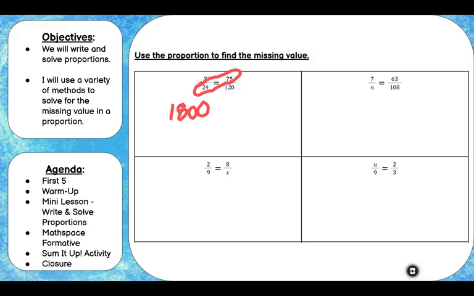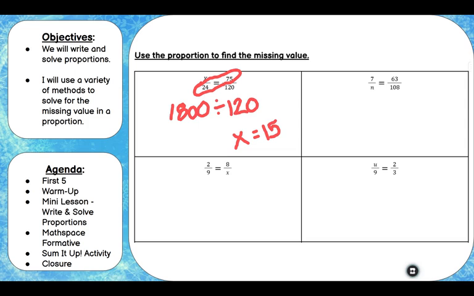And then the number that's by itself, okay, is the X. And that X wants to divide them apart. So we're going to divide by 120. So using our calculator, 1,800 divided by 120, and our answer would be 15. So X equals 15. Okay, this strategy works all of the time.